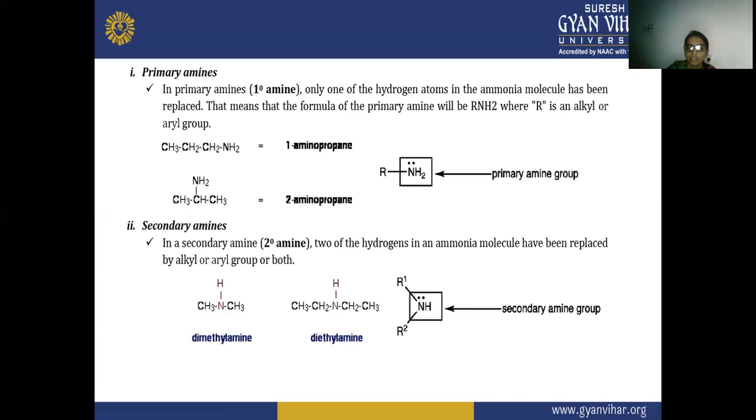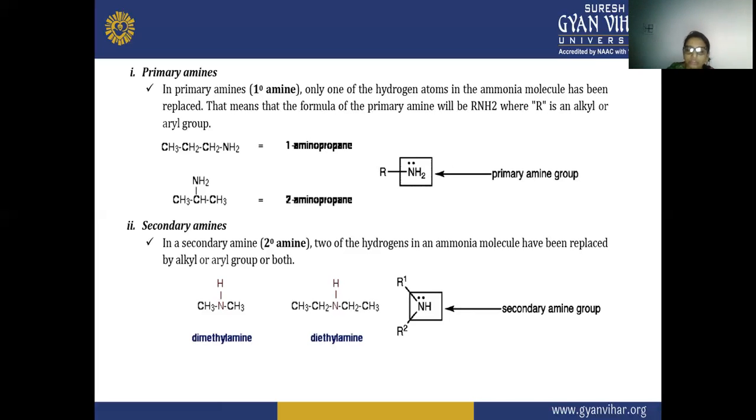This is the second classification of the aliphatic amine, and in the secondary amine, two of the hydrogens in an ammonia molecule have been replaced by alkyl or aryl groups or both. In this case, you can see CH3, NH, CH3.